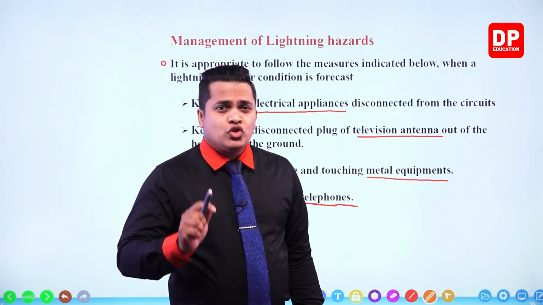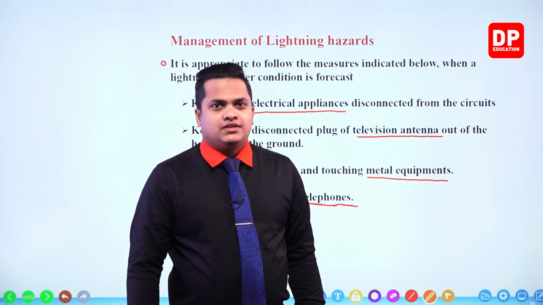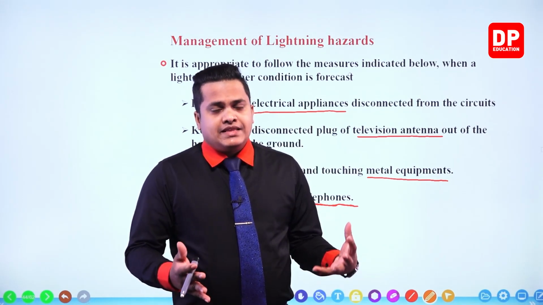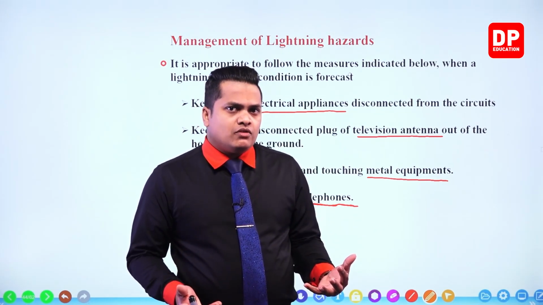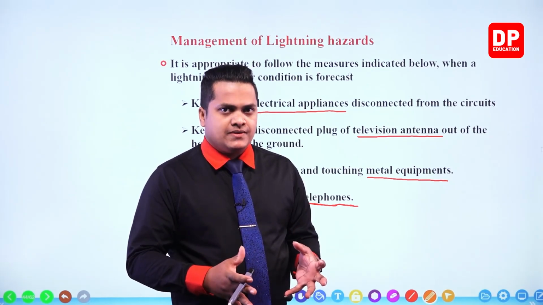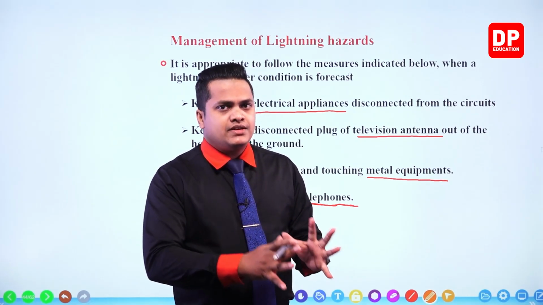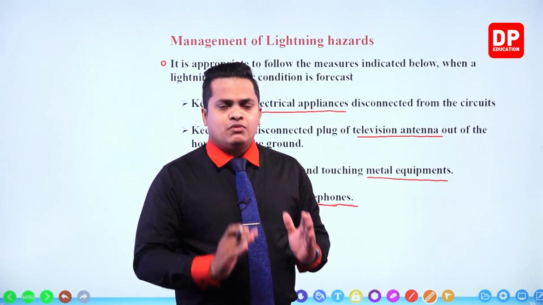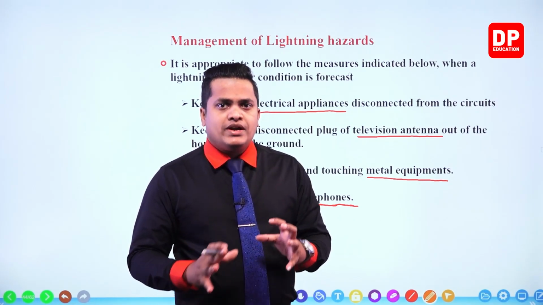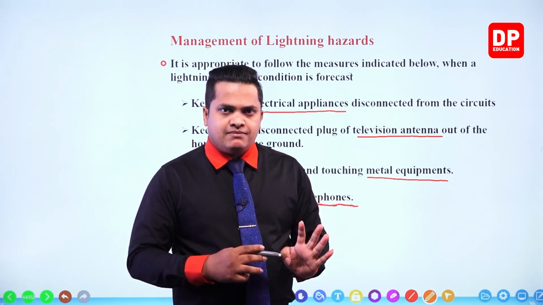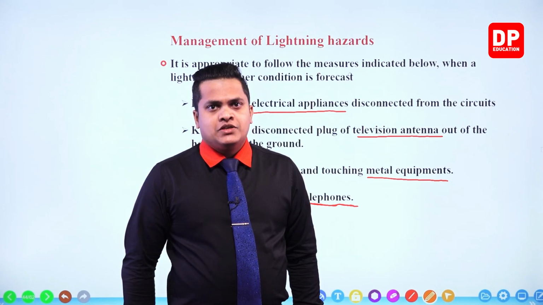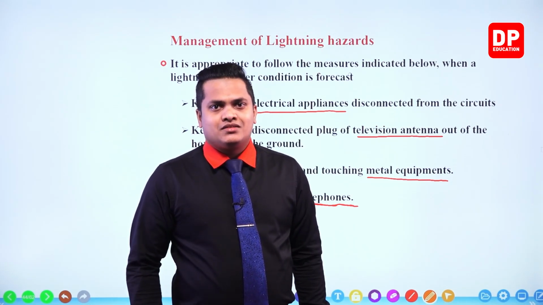A mobile phone is not a conductor. There are some types of mobile phones that are made with metallic bodies. Those can be considered conductors, my dear children. However, most mobile phones nowadays are made with plastic bodies or glass bodies. So these things are not conductors.